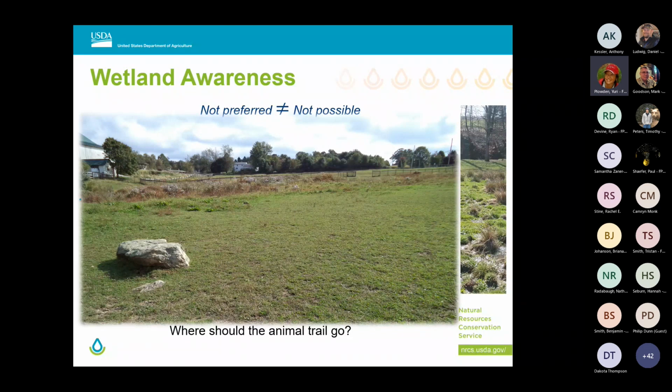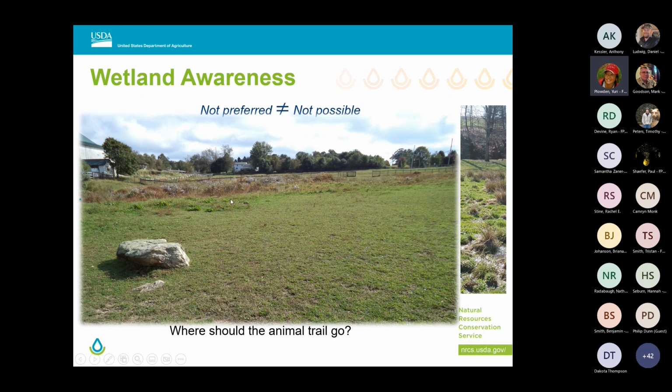So where should the animal trail go? It's possible that the farmer, here's the barn, and here's the gate, and you want the animals to go through and get to this barn. So the farmer might want to put it way over here, right? That's where they would prefer to put it. But what do you notice?